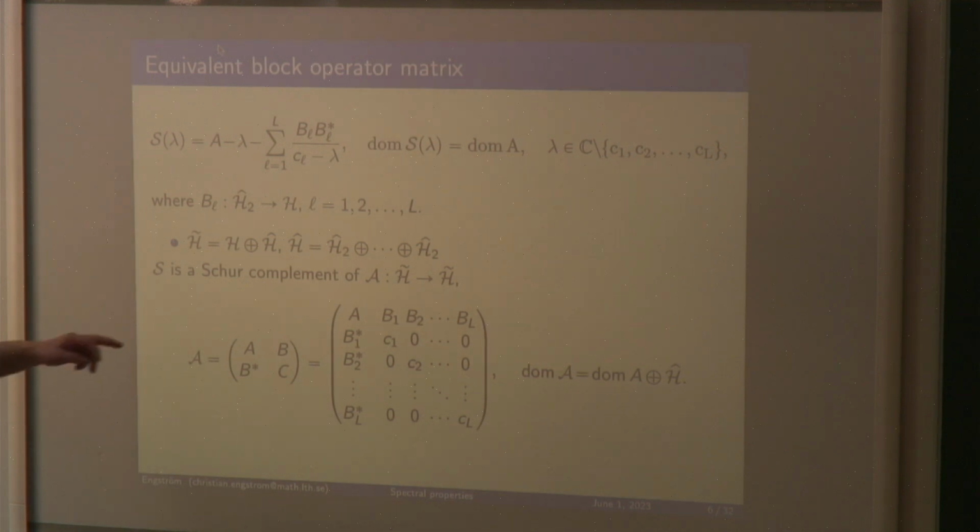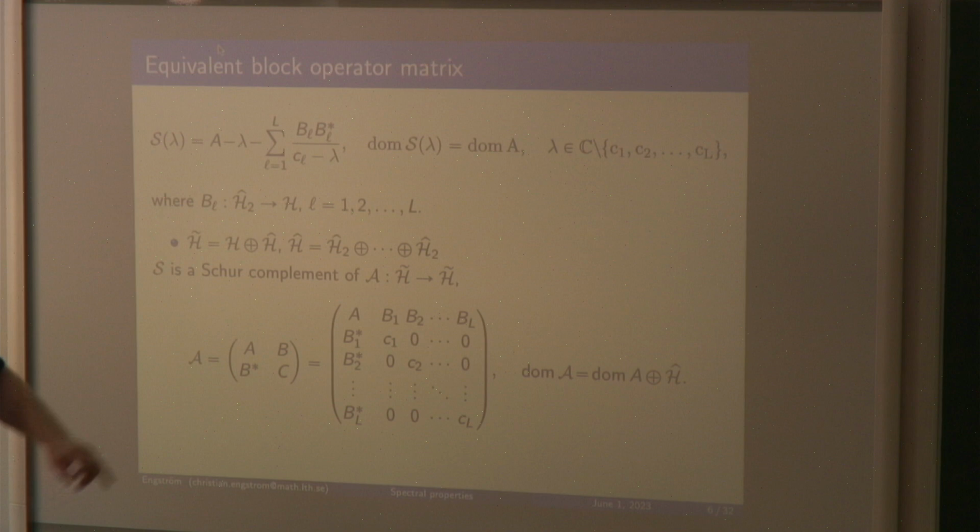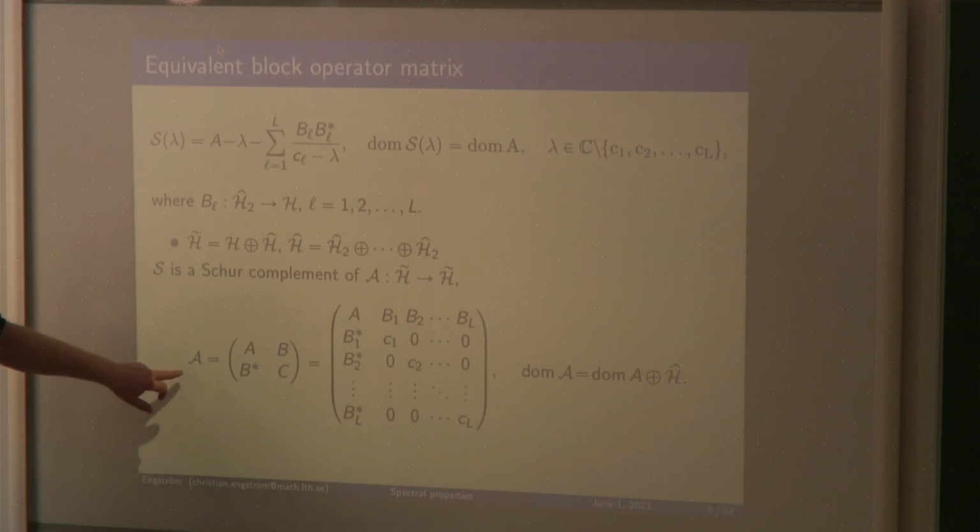And of course, we cannot define it for a singularity, so we take away this C1 to CL where we have the poles. Okay? And then I will define another problem, and in the next slide, I will show how they are related. So I will define a block operator matrix. I call it fancy A because we have two different A's here.